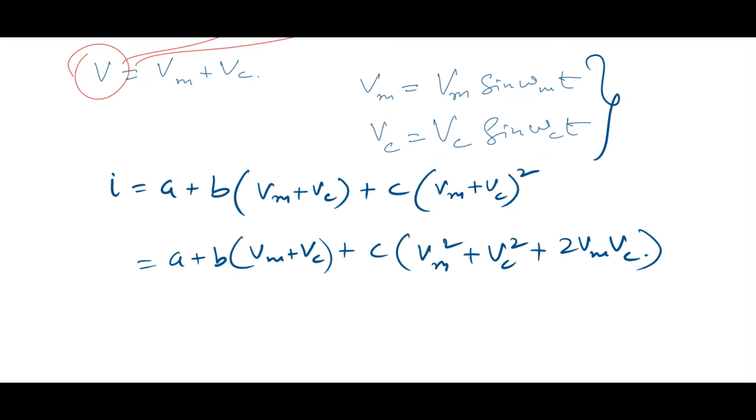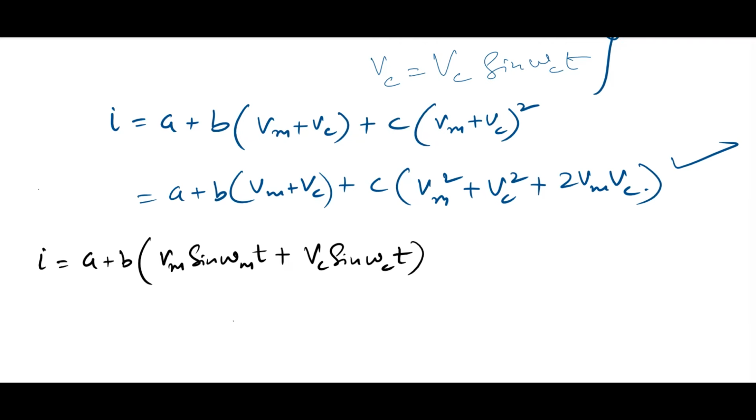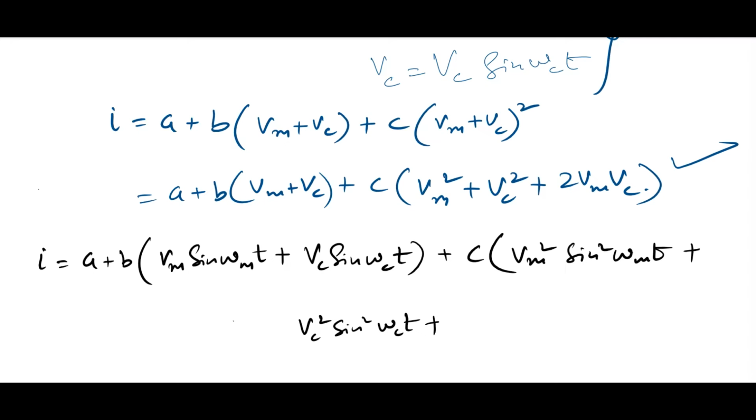Now substituting these values, the equation becomes I equals A plus B(Vm sine omega mt plus Vc sine omega ct) plus C(Vm square sine square omega mt plus Vc square sine square omega ct plus twice Vm Vc sine omega mt multiplied by sine omega ct).